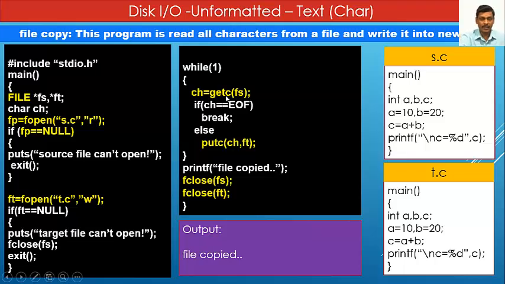In console IO we have studied getche, getchar, getch; getchar is console input for a character. Here we put getc, not getch or getche or getchar. Getc is a macro, a substitute name for fgetc.